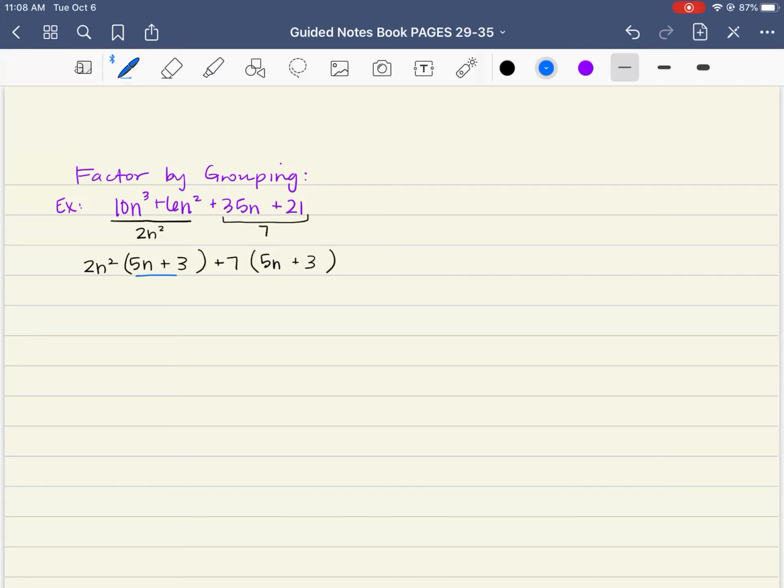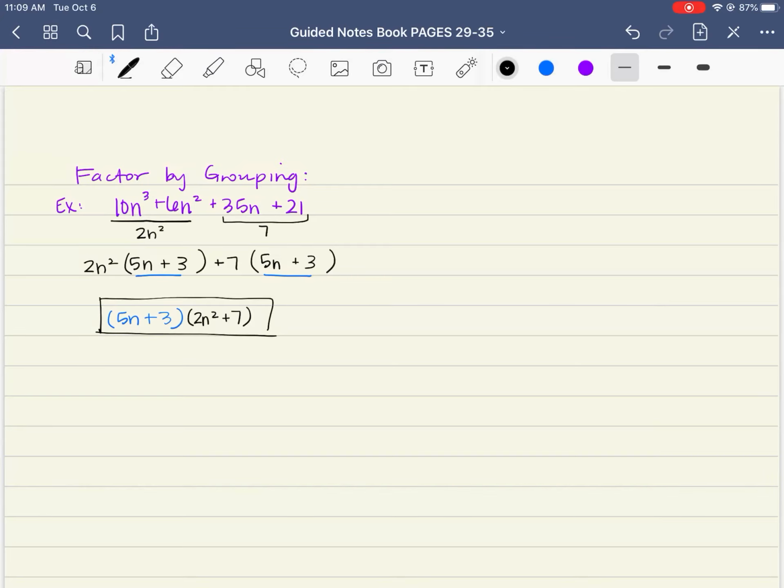Notice we have it right where we want it. We have 5n plus 3 and 5n plus 3. So the 5n plus 3 is pulled out front, so to speak, and then whatever's left goes into that second factor. So we've got our 2n squared at the front plus 7. Notice there's no difference of squares on this one, so we would finish off right there.